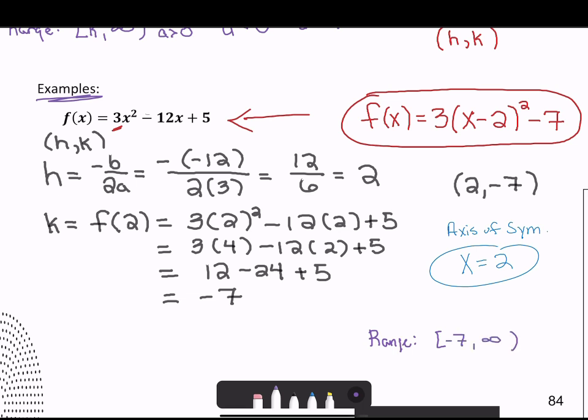I use the K value. The K value is -7. That's the very lowest that this parabola is going to go. But then it goes up to infinity because it's concave up. So that's why it starts at -7 and goes up to infinity. Your domain, I'll go ahead and write that here also, will be negative infinity to infinity. Boom.